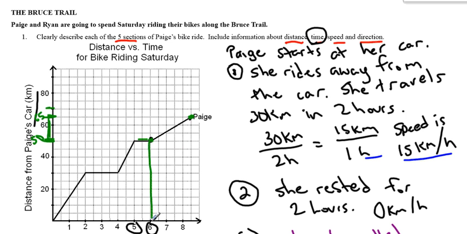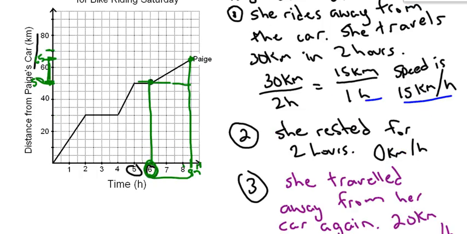And how long did it take her? Well, she started off at the 6-hour point, and when she was done, she was here. It's beyond 8 hours, but not far enough to be 9, so that's 8.5 hours. So that's 15 kilometers, and her time would be 2.5 hours, because it was 6 hours to 8.5 hours.